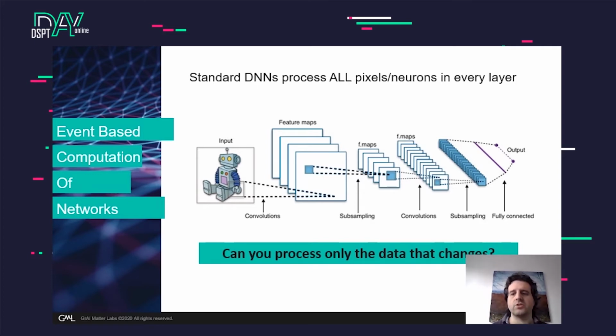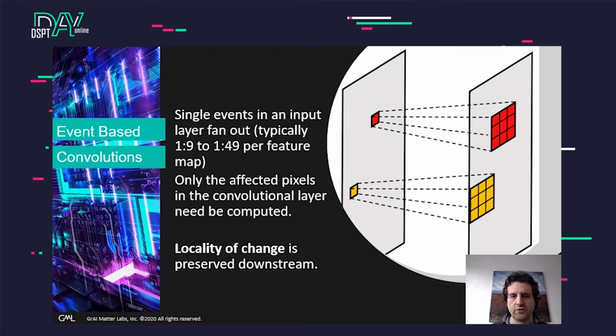But that's not really true, because most of the networks that we use are convolutional. In a convolutional layer, if something changes in one input, this change in the next layer is only going to affect a relatively limited area, due to the kernel around the pixel that has changed. And in fact, this means that most of the change is going to be localized, and it's going to be preserved downstream in the neural network.